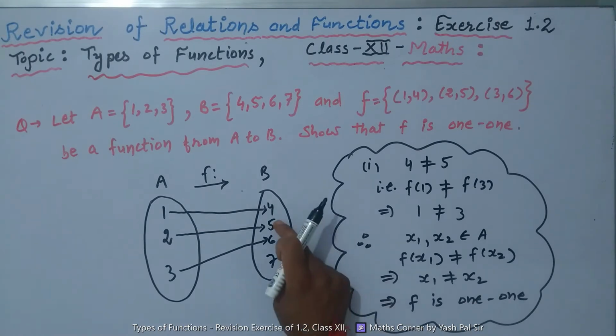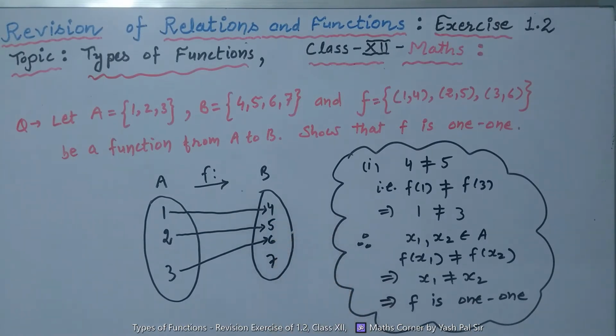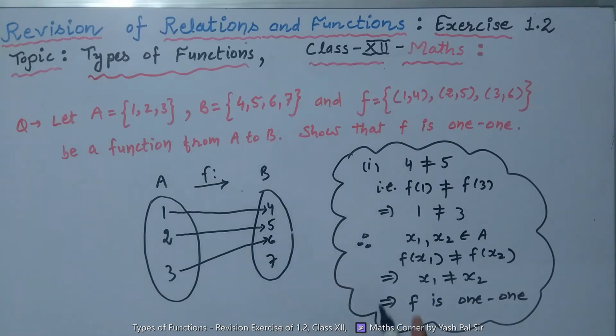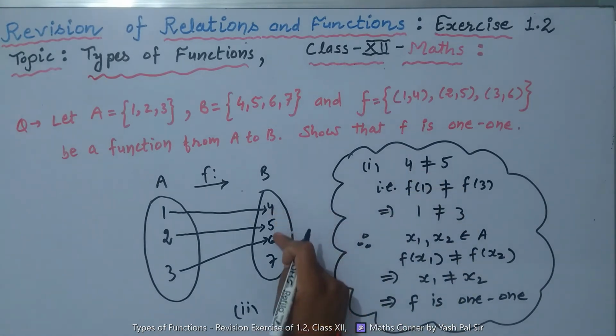Likewise, about 4 and 5 and 6 we can say the same. About 4 and 6 we can also say the same. That is, we take here the second example, 4 and 6. 4 is not equal to 6.